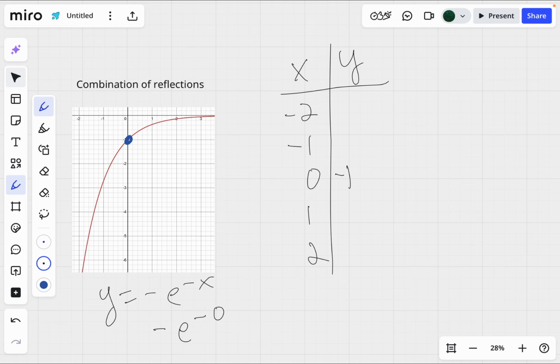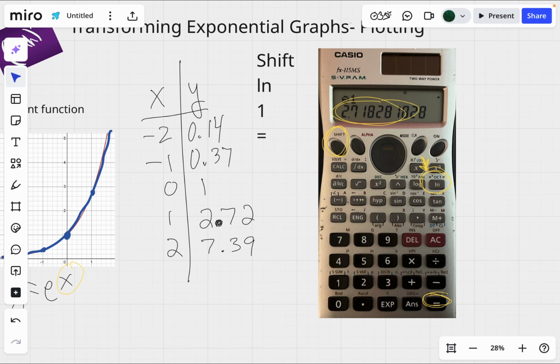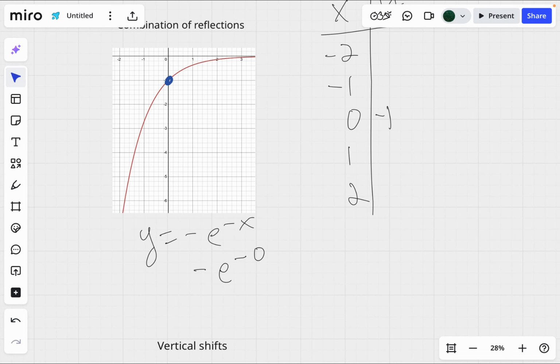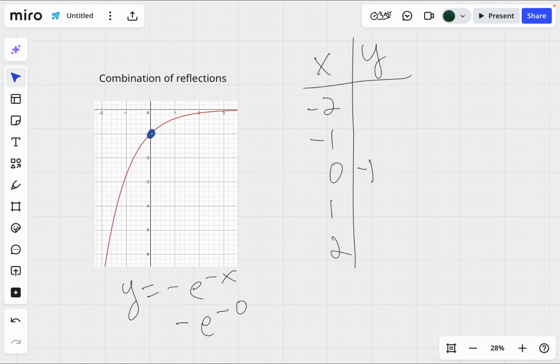Okay, let's do the next one. If we put a 1 there, we already know from up here that if we plug in a +1 and we're not multiplying by a negative, then we're going to get 2.72. However, this one is actually going to be the opposite of 1. So this is going to look like this.